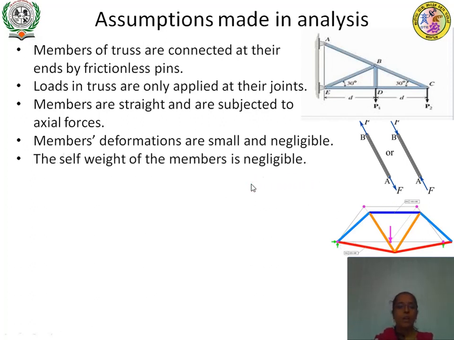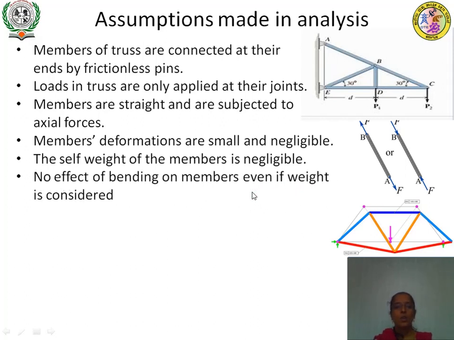The self weight of the members is negligible, as we have already seen how the sections of members are. When we compare with the whole structure, the individual elemental weights are neglected. Self weight of these members is neglected.